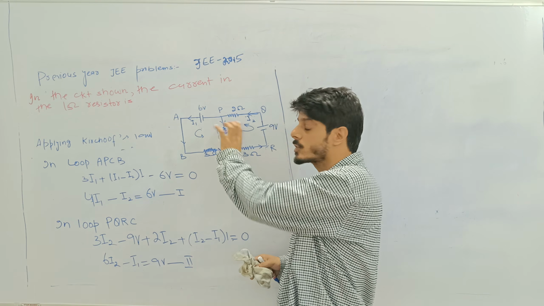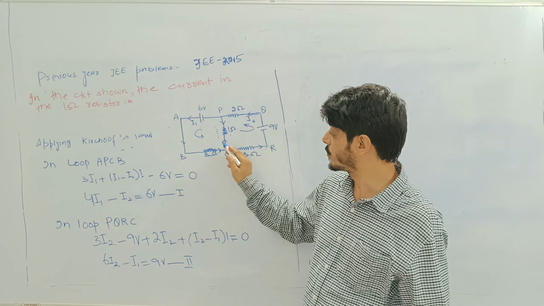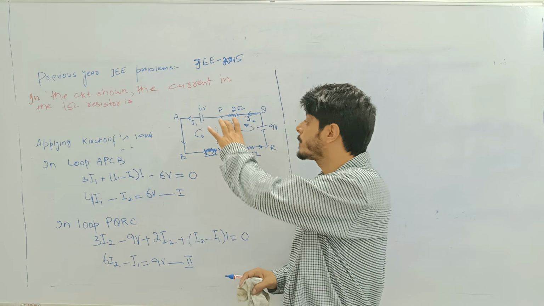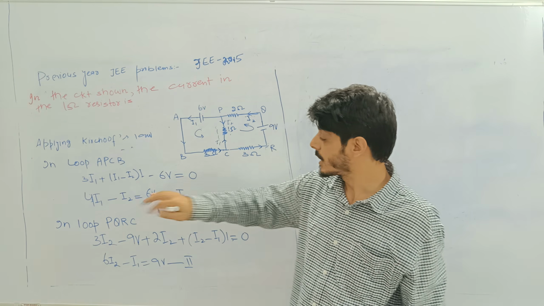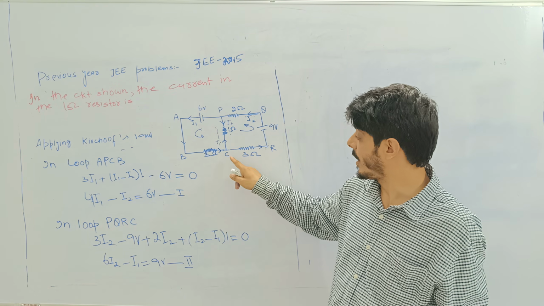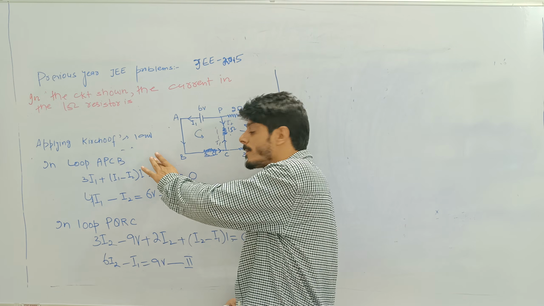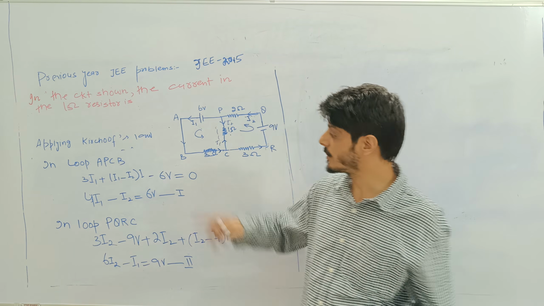The current through this resistance is I1 going like that, while another current I2 comes from here. The direction of the two currents is opposite, so it means (I1 minus I2) into 1 minus 6 volt is equal to 0. That is the first equation resulting from Kirchhoff's law in the first loop.